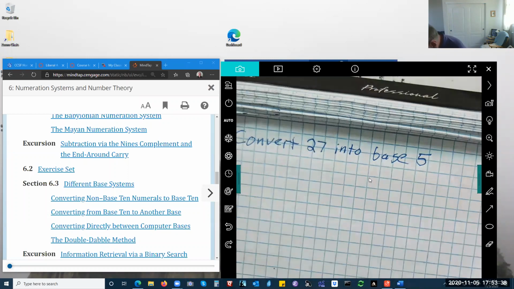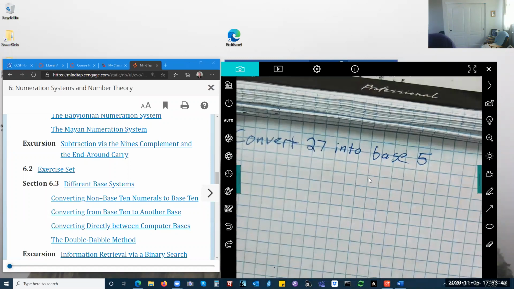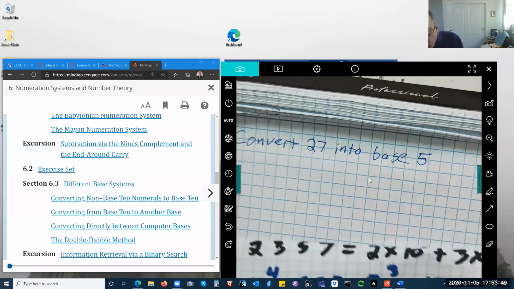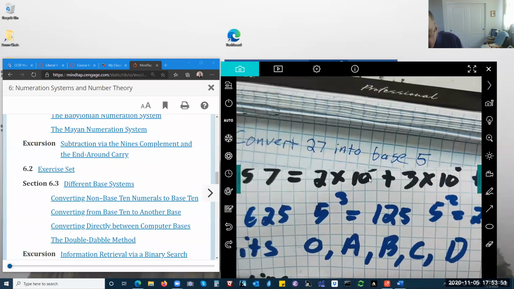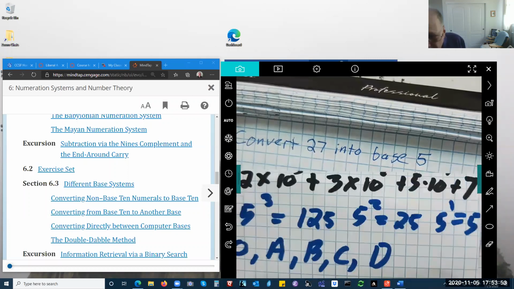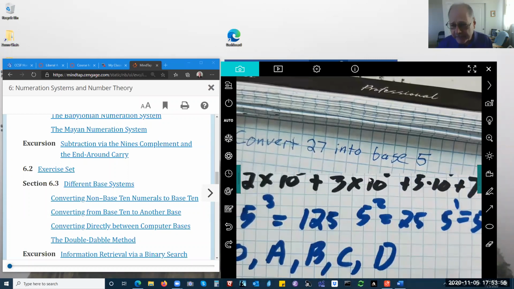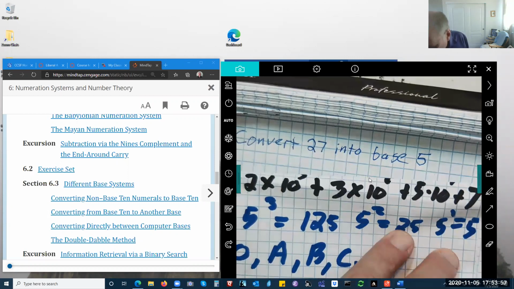So now the question is, what's the biggest power of 5 that fits into 27? You can get one of these groups of 25 in there.